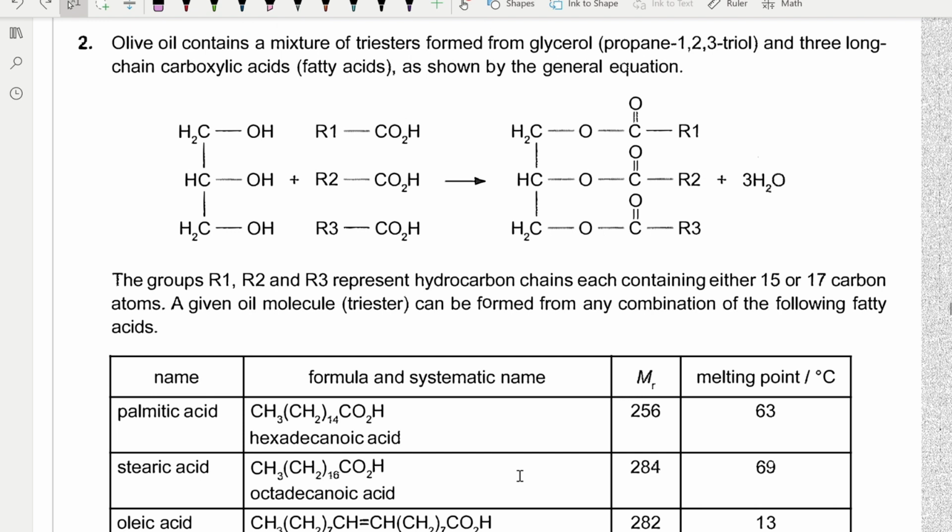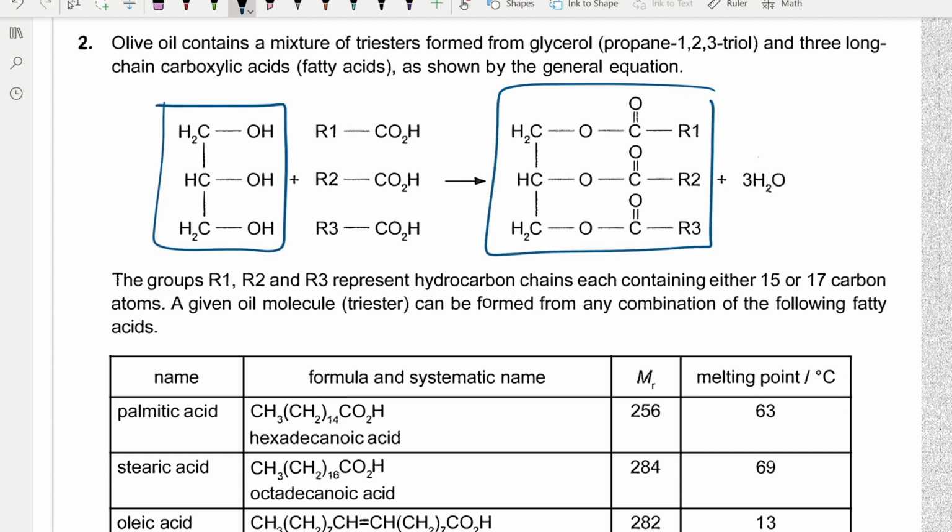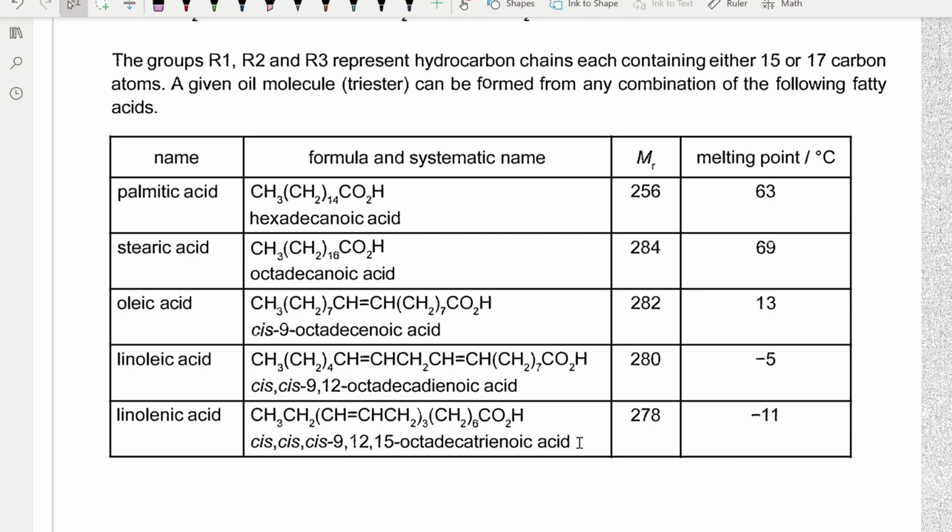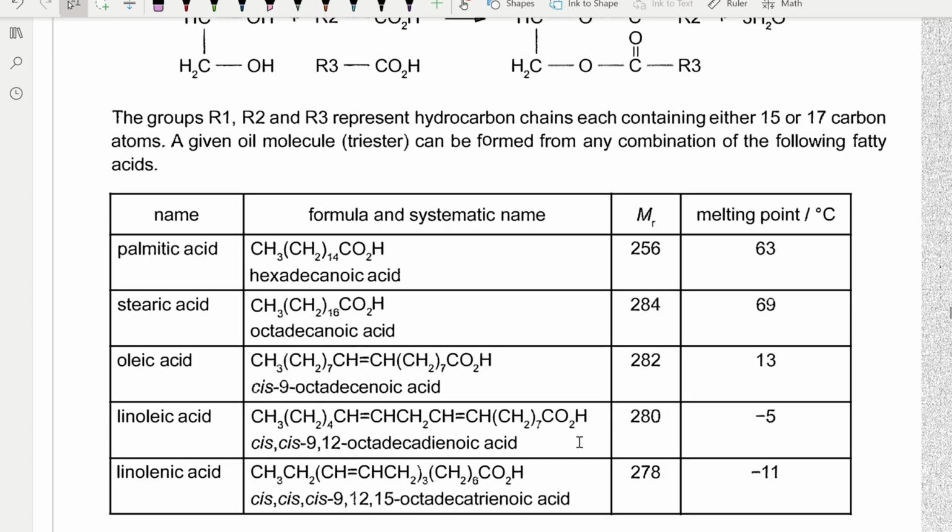Question 2. Olive oil contains a mixture of triesters, which is this one, formed from glycerol and 3 long-chain carboxylic acids. And this table gives the different melting points for different fatty acids. So what we notice here is they all have a COOH group at the end because fatty acids are carboxylic acids.